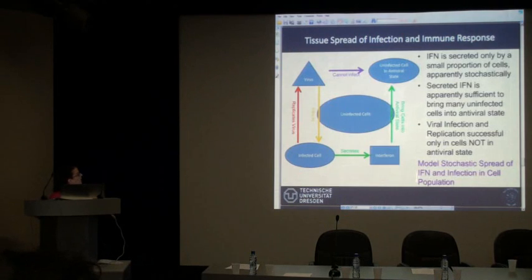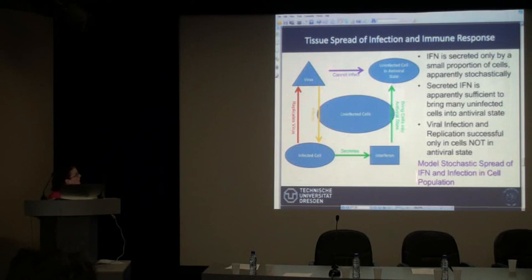Here you can see the spread of the infection and the immune response. Virus can infect uninfected cells, and then the infected cells replicate the virus.